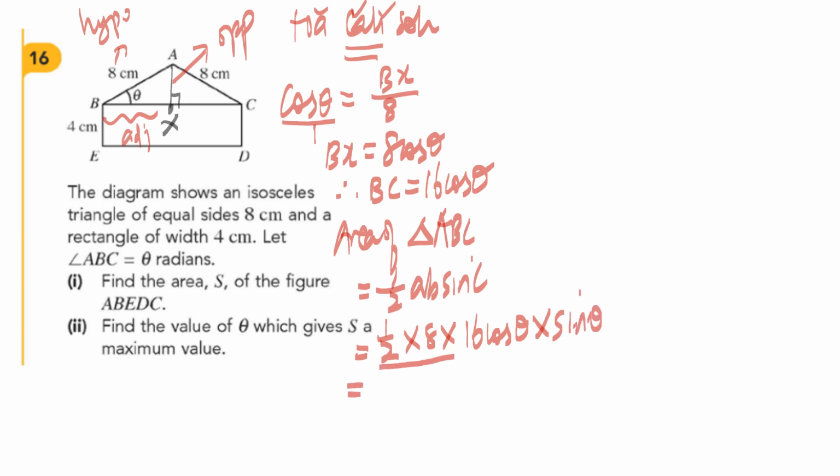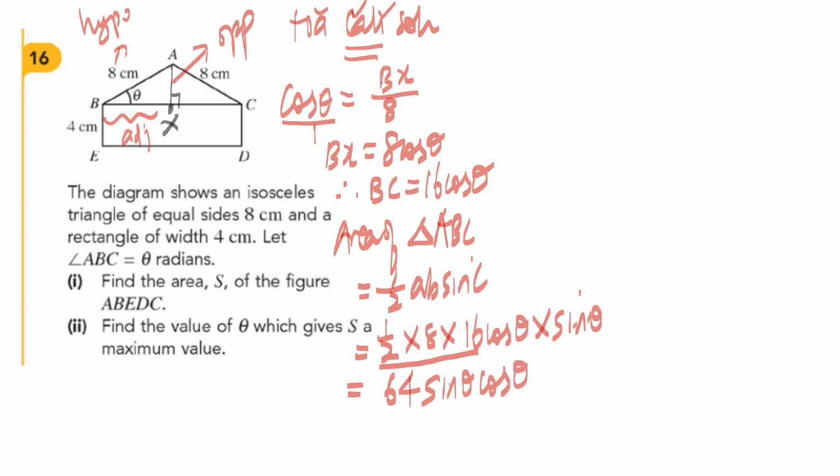So if you use a calculator, work that out, half times 8 times 16, that will give you 64 sine theta cosine theta. And that is not the end yet.